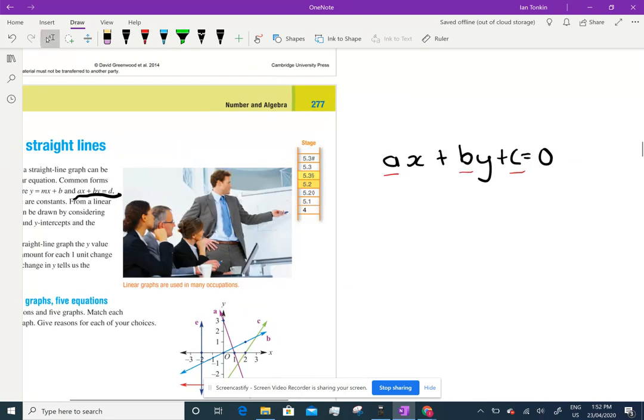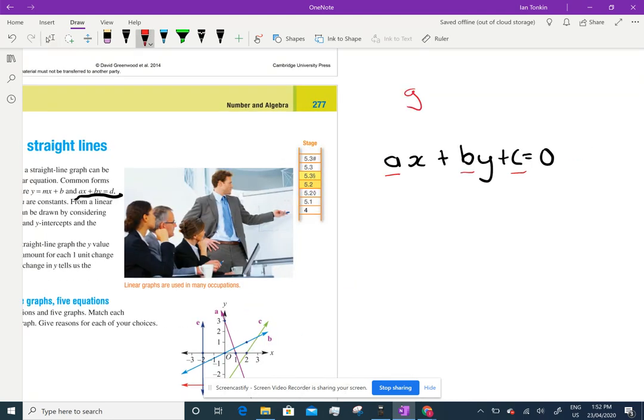Now this general form, and you need to make your notes, is not very useful. But it's a standard form around the world.